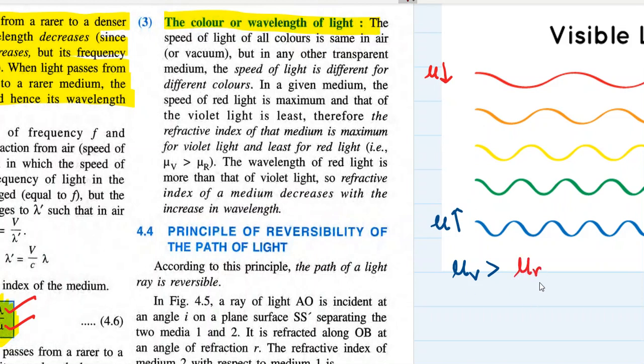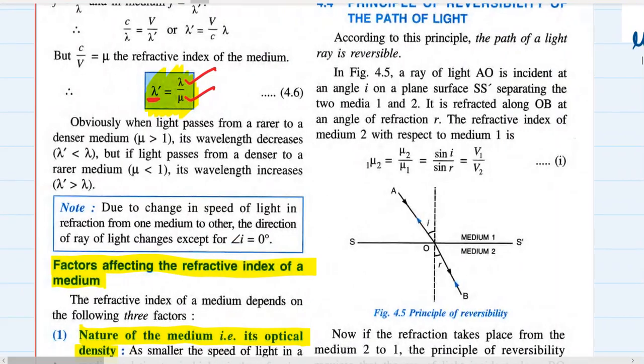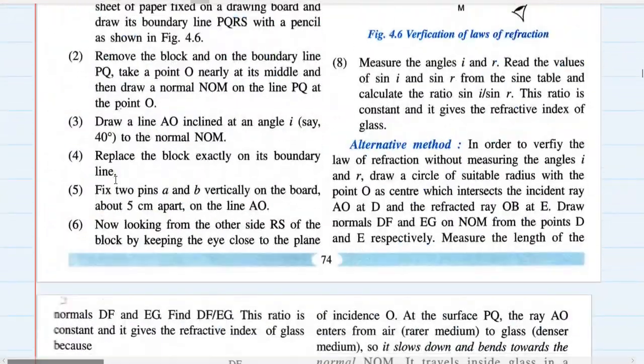Because in that medium, when violet light or blue light enters, it travels slower, and when red light enters, it travels faster. So the refractive index should be higher for violet light and smaller for red light for a given medium. Okay, so these are a few more relations which I have given you.